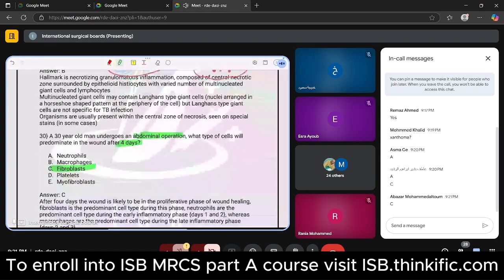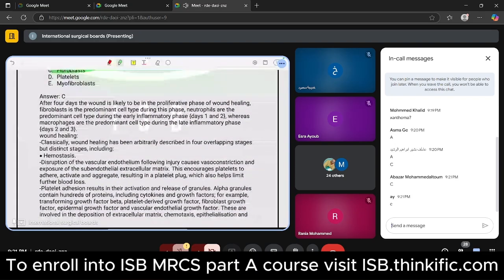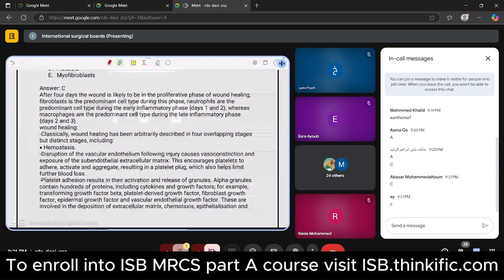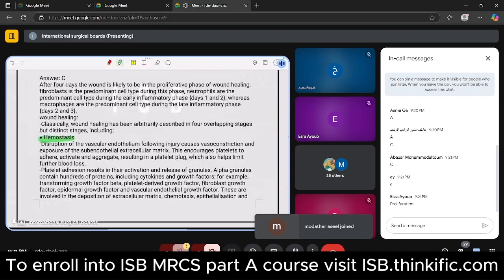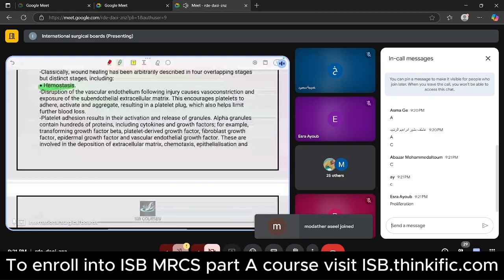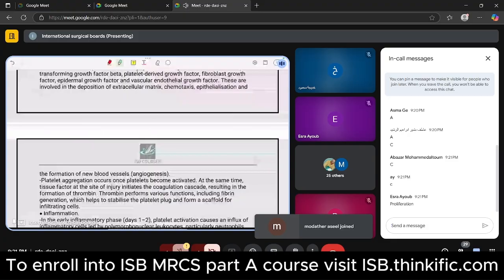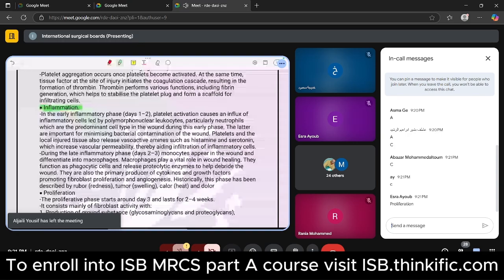Look at here. Stages of wound healing. First, hemostasis, okay? We're not gonna focus on hemostasis right now. Then what will be after that? Inflammation. The stage of inflammation is divided into 2 subphases. There is the early inflammatory phase, which is the first and second day. During the first and second day, the main cell is neutrophils, polymorphonuclear leukocytes, right?